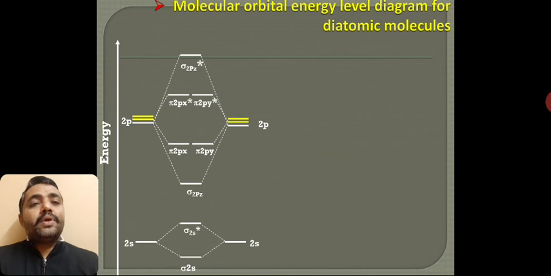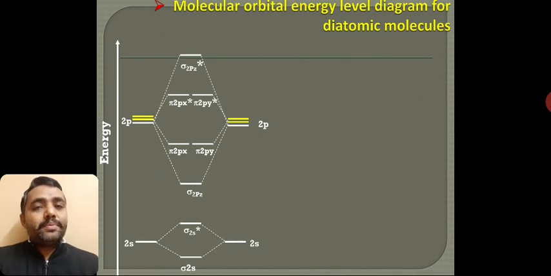Next, the 2p orbitals on the left side and the 2p orbitals on the right side both overlap. 3 plus 3, 6 molecular orbitals are available: sigma 2pz, pi 2px, pi 2py, pi star 2px, pi star 2py, and sigma star 2pz. In the 2p orbital there are 3 orbitals, px, py, pz.